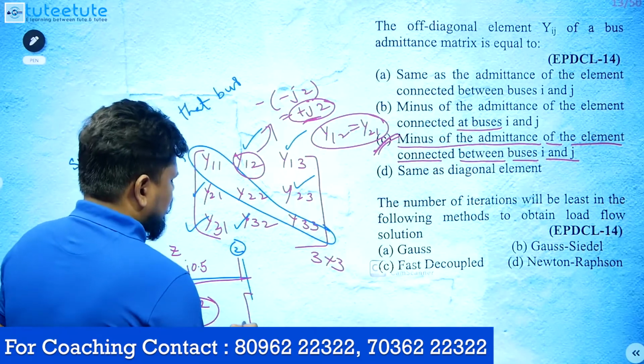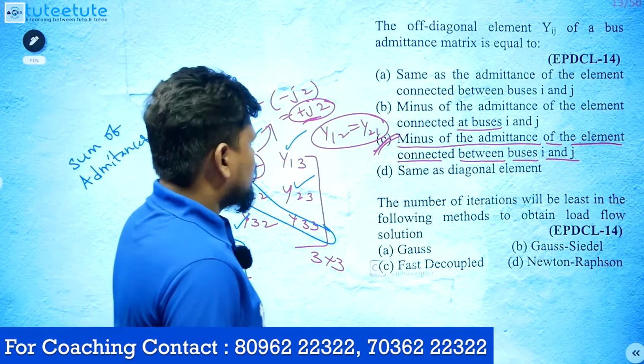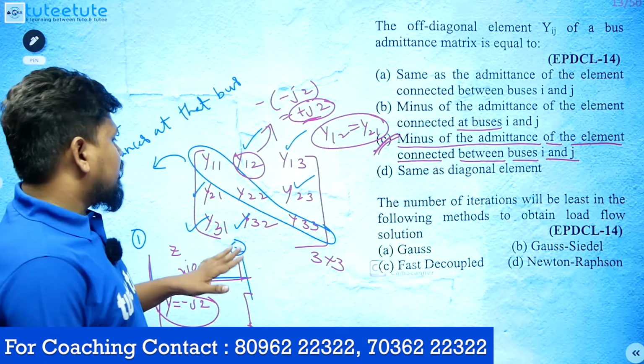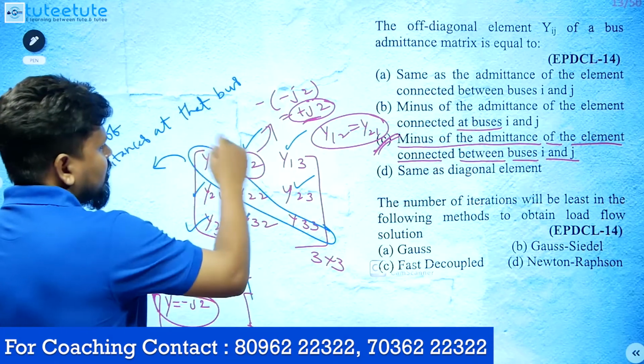At the buses some other elements will be there, not those admittances. So whatever is in between, that admittance with a minus sign, we consider as the off diagonal element.